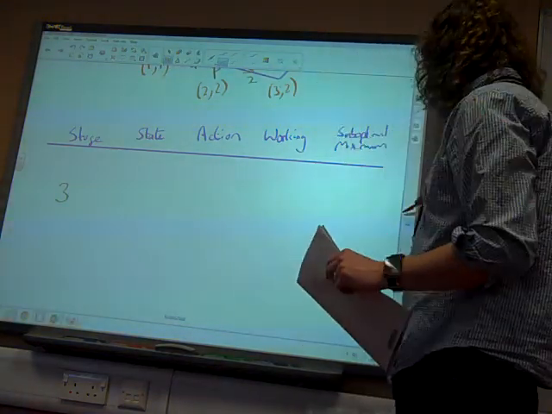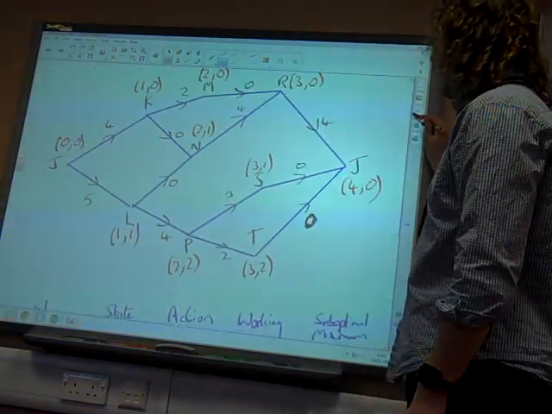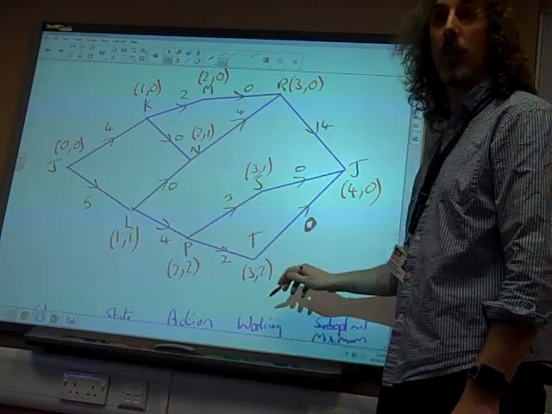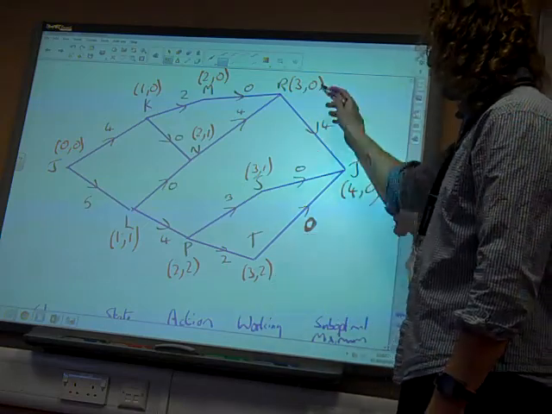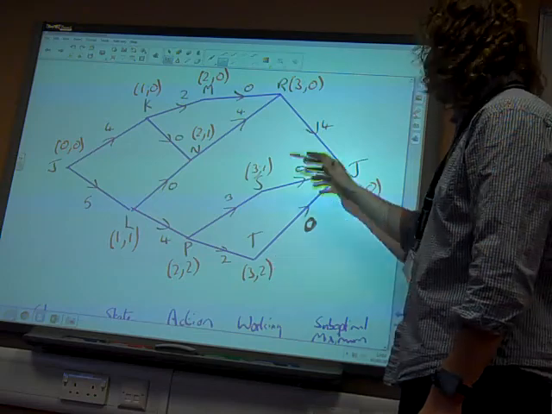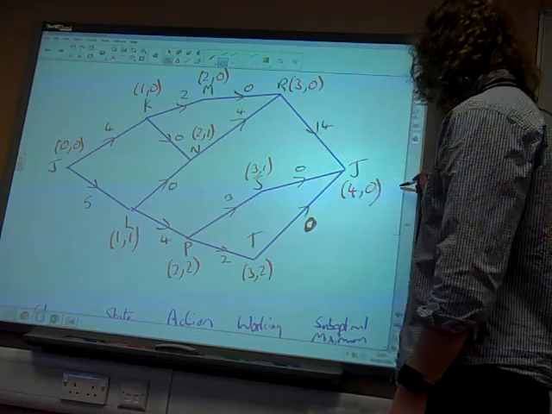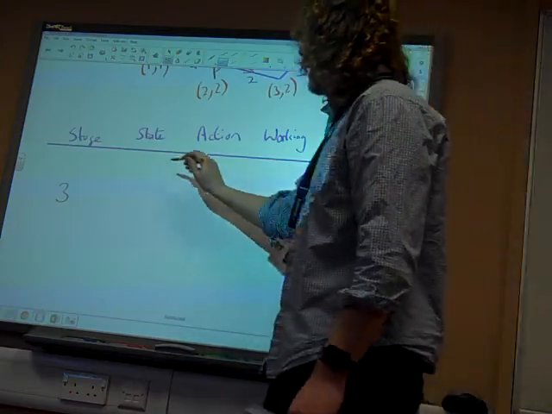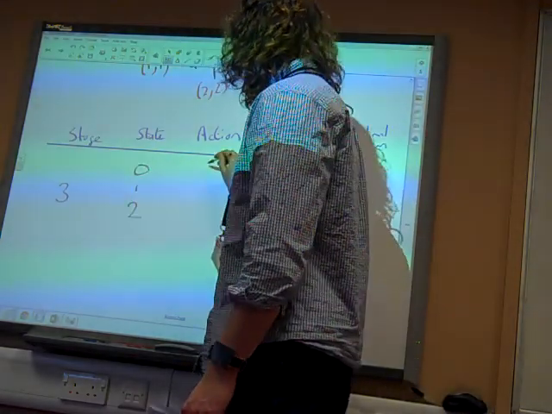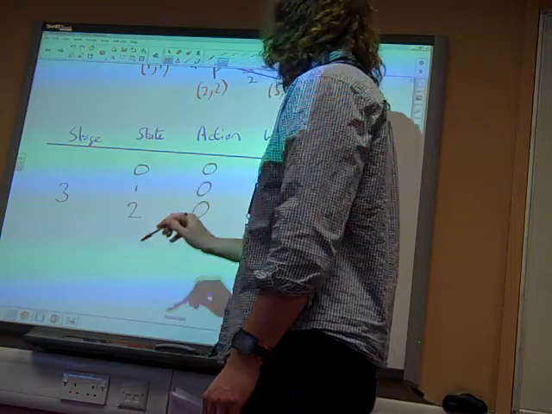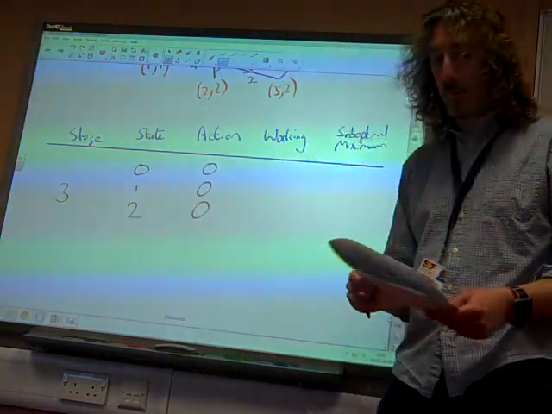So stage 3, I am going to refer to it a bit though, has 3 states. States 0, 1 and 2, and all of them each have only one action. The action is a 0 action that takes us to the 4, 0 point. So we have 0, 1 and 2, each with action 0, and they have values.